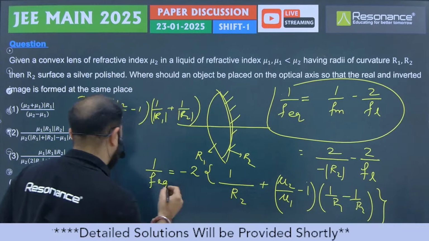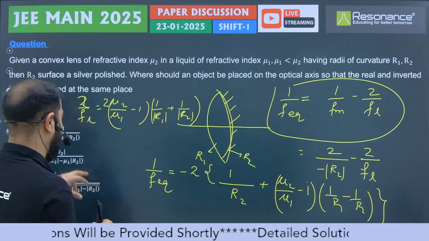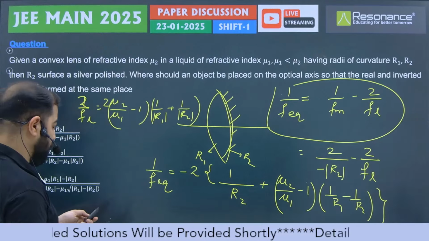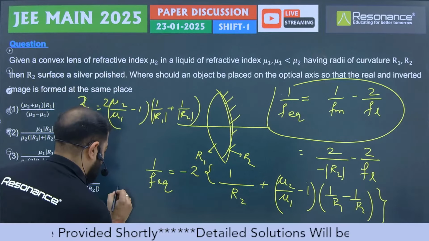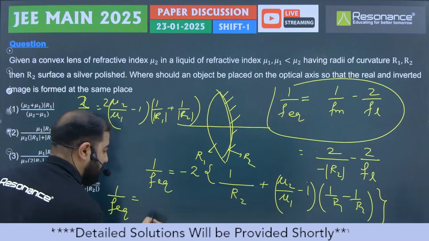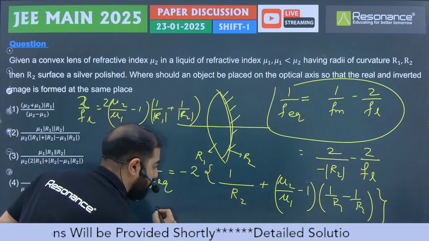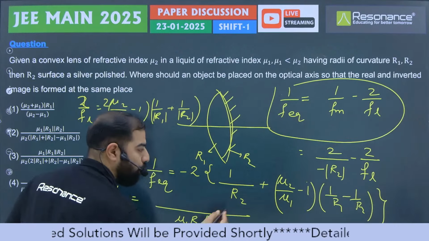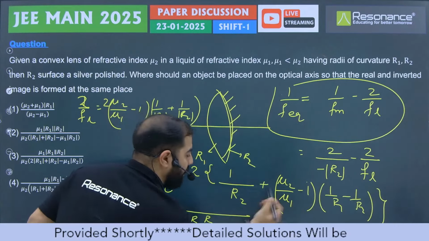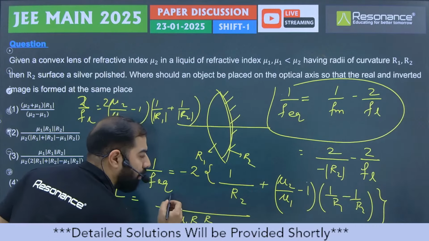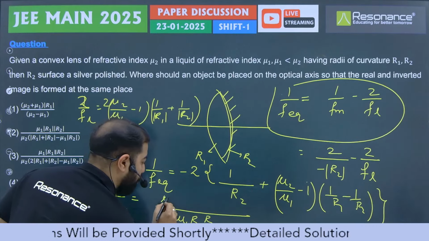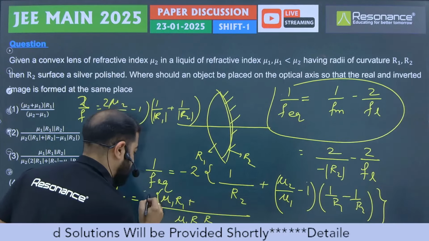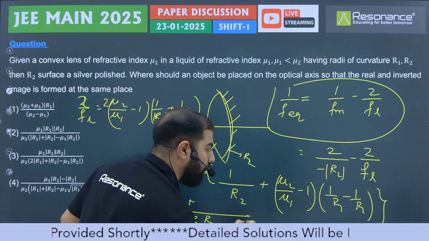Let's take the LCM first. So we need to have more space. We have to adjust space issues. Take the LCM: mu1, R1, R2, and mu1 here. So here will be mu1 into R1 plus, this 2 is common, right?